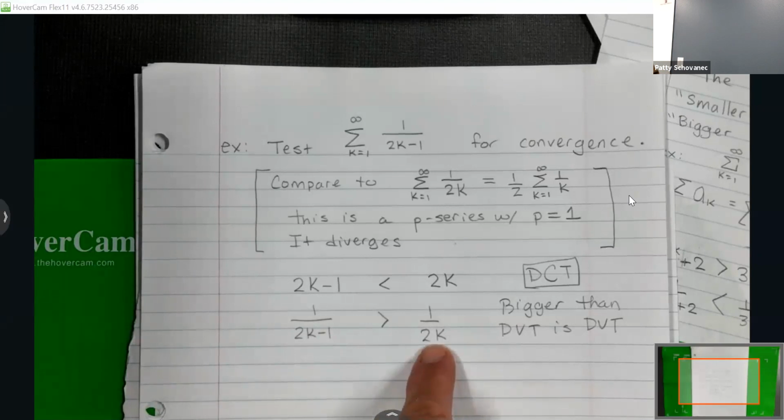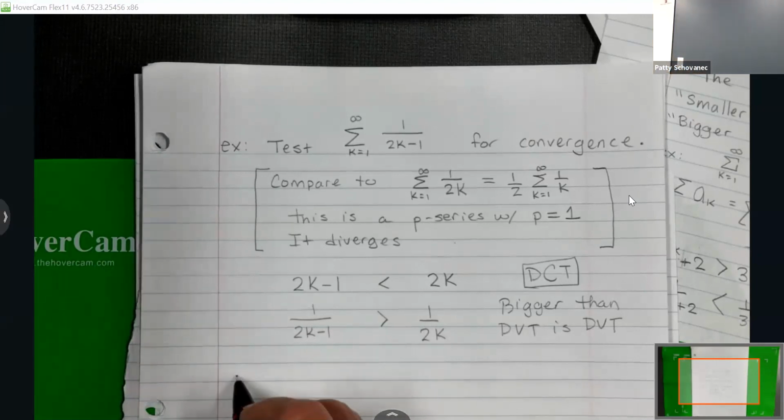I could compare it to 1 over 2k, but now it's not going to be bigger than divergent. So I can't use the direct comparison test. My old fall through, if the sizes don't compare in the right way, is to use something called the limit comparison test.